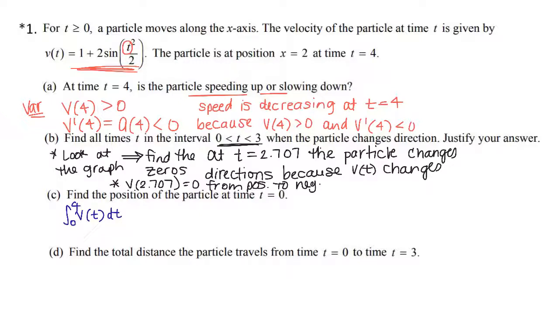So let's go ahead and integrate that from 0 to 4. So you can go over to your calculate page and do the numerical integral from 0 to 4 of your v, and when I did that, I got 5.8150.